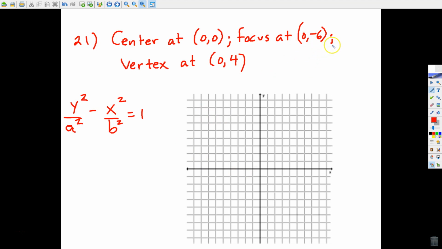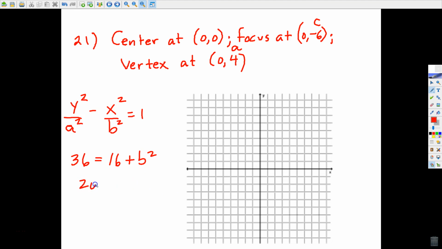Okay, and you can always label focal distance. The distance from the center to a focal point will always be c, and the distance from the center to a vertex will always be a. So once again, just like our previous problem, let's find out what b squared is. c squared is 36, equals a squared, which is 16, plus b squared.